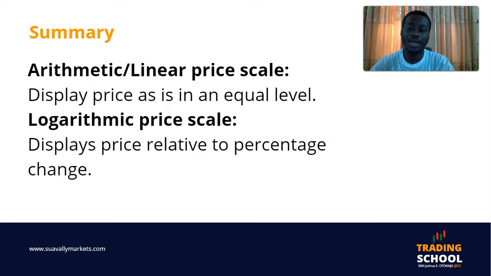That can change, it doesn't matter, but still the increase will be linear, the same. But a logarithmic price scale basically displays in percentage movement rather than price movement or pips movement or equal distance.